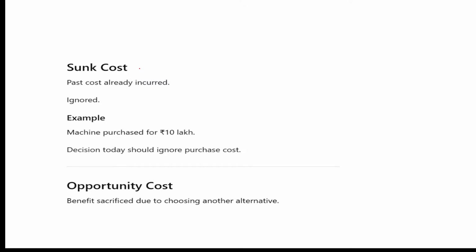Then you have sunk cost, past cost, which is already incurred, and now I will just ignore it. For example, you purchase machinery for 10 lakh rupees. Decisions today are going to ignore such purchases because you already have it in your possession. Then you have opportunity cost.